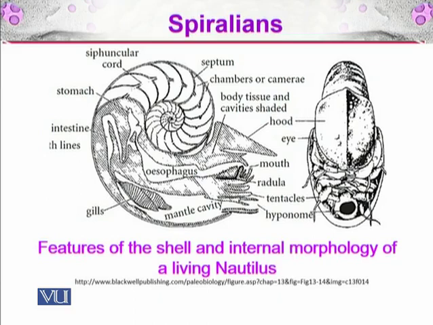On the right side, you can see the gross morphology. What does it look like from the outer side? You can see the hood, eyes, tentacles, and the hypo, which means the downside, so it is the structure present on the downside of that organism. These are the features of the organism, a characteristic organism related to the Nautiloidea.